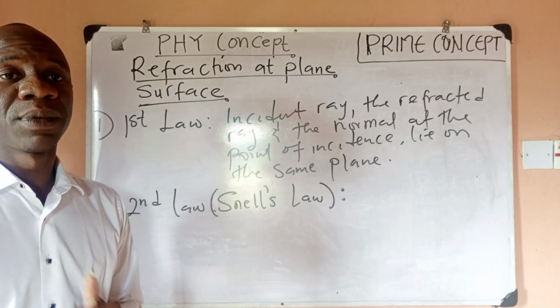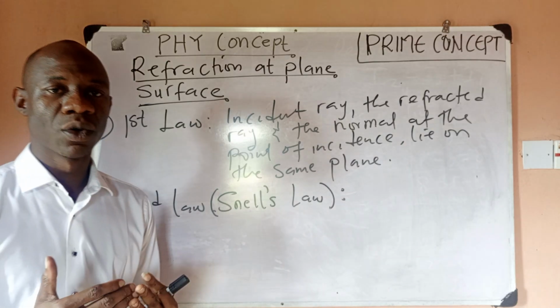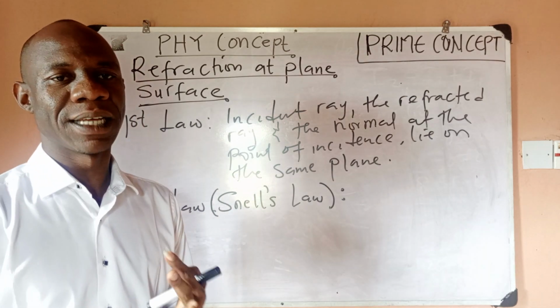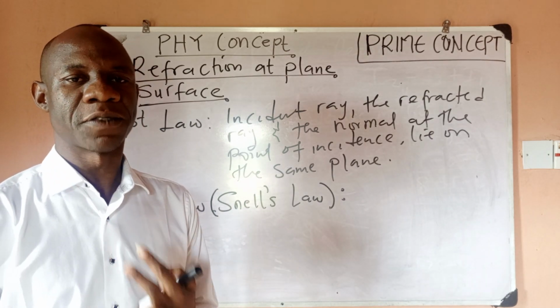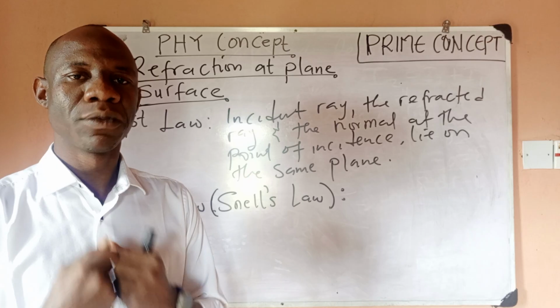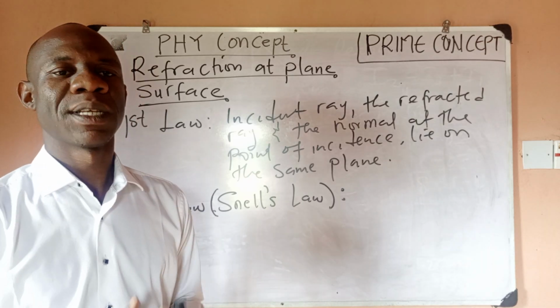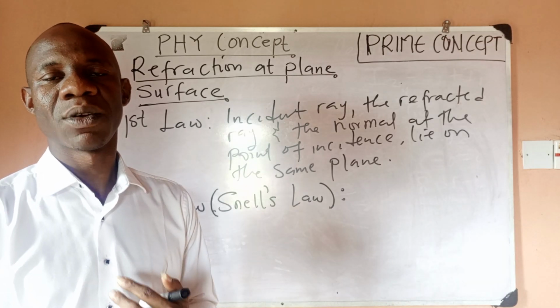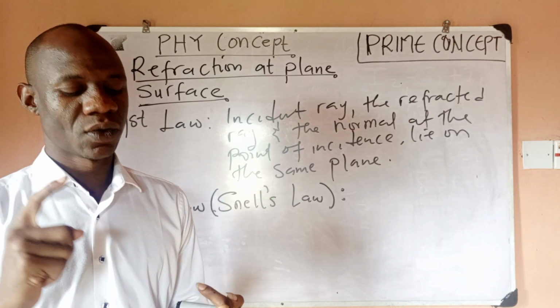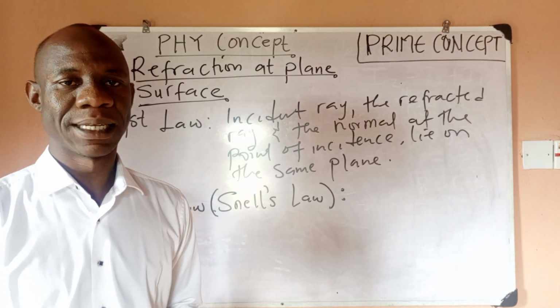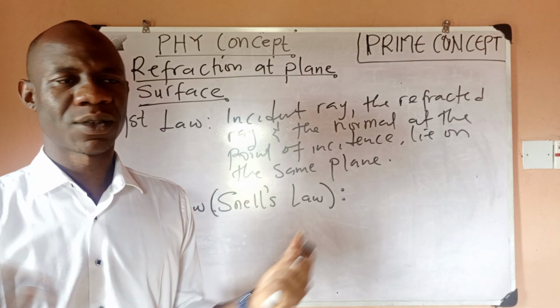The second law simply says that the ratio of the sine of angle of incidence to the angle of refraction for a given pair of media is what? Constant. That is what the law is saying.